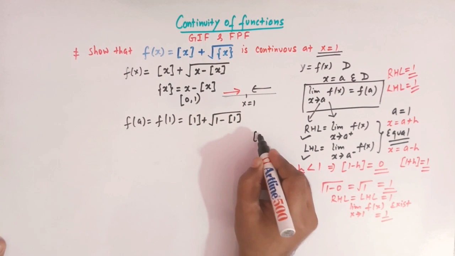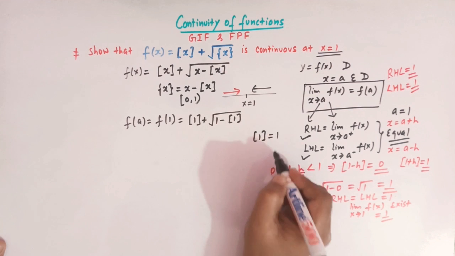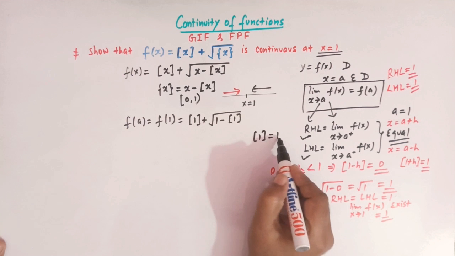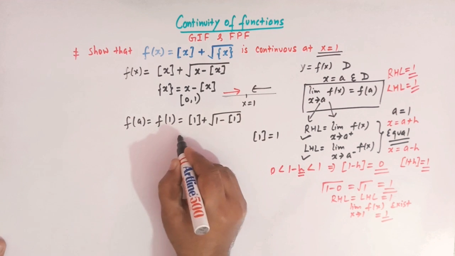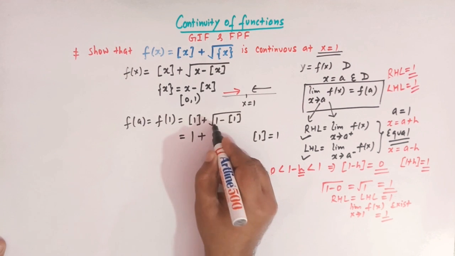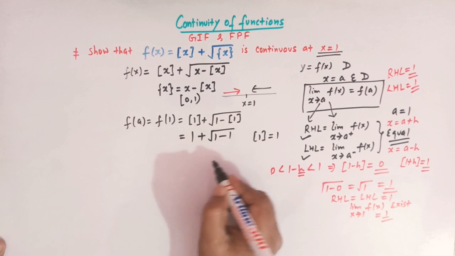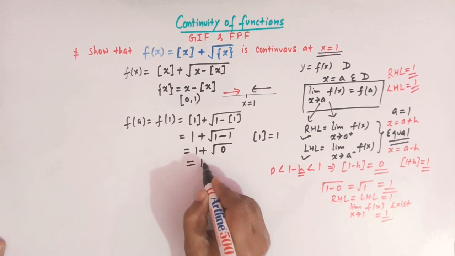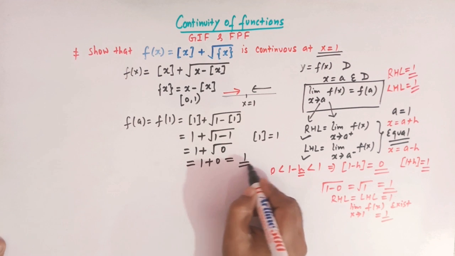And we know that greatest integer of 1 is simply 1, because for all integer points we have the same integer point here. So here we have 1, and here we have square root of 1 minus 1. So this is 1 plus square root of 0. So this is 1 plus 0, that is 1, right?